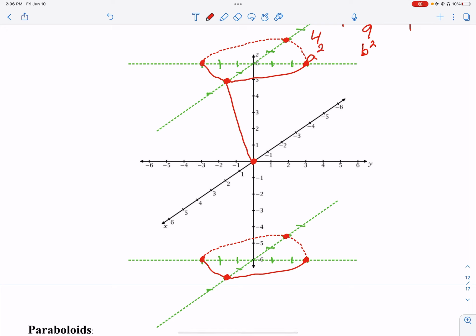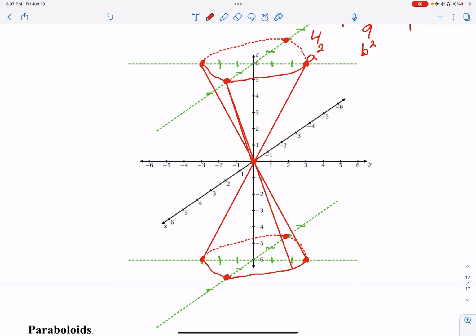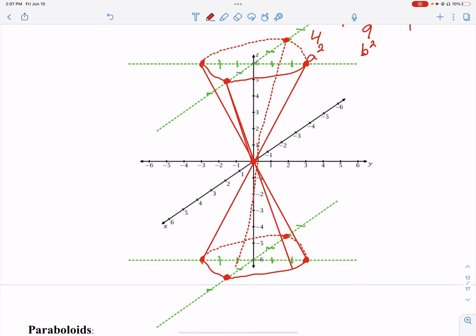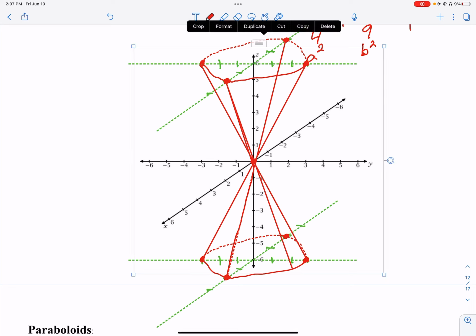We can go all the way through. So we get this cone here. My drawing's off, but you can see the cone that's supposed to be there. I'll fill in the dotted lines and solid lines. Just use your imagination to see the 3 dimensions.